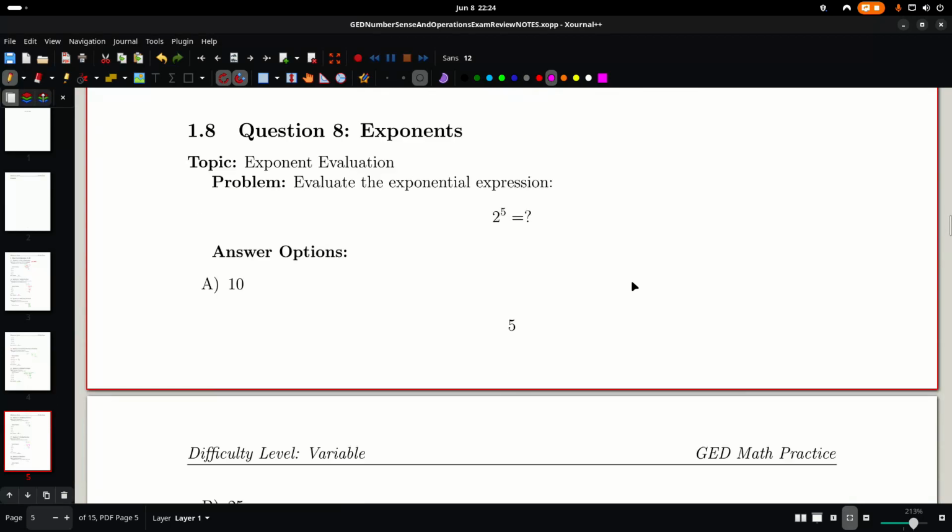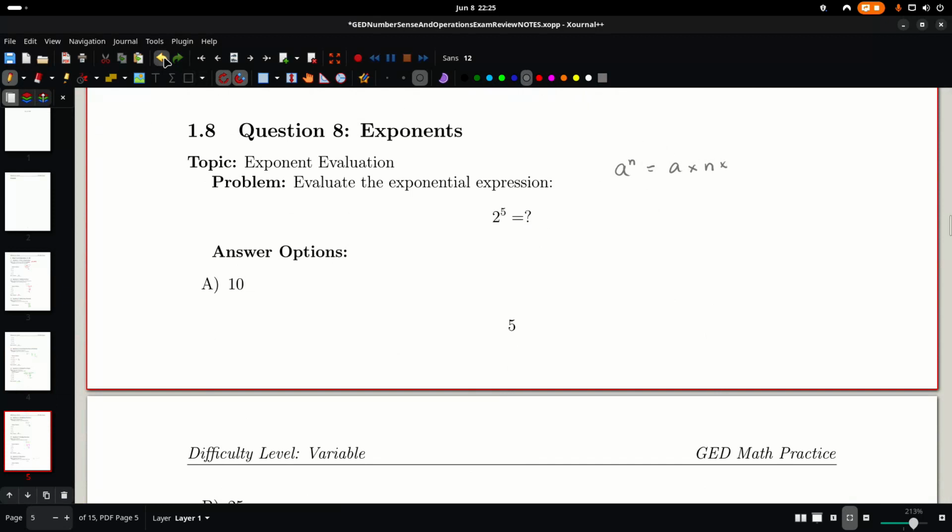Okay, some work with exponents here. So to evaluate an exponent expression, when we raise a numerical value to an exponent, if you have something like 2 to the n, or if you want to make it a bit more general, some value a raised to the power n, we're just multiplying it by itself n times.